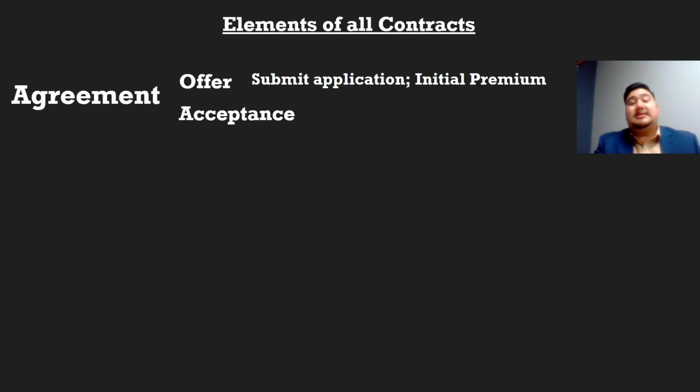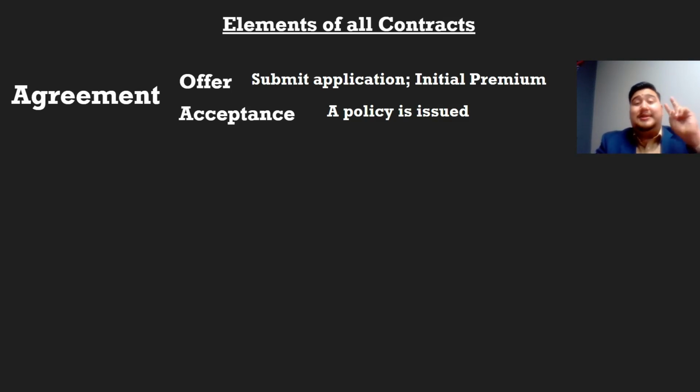If the company decides to accept you, guess what? They're going to issue a policy. So remember, that agreement is made up of those two parts. That offer that you make yourself because you want to become a client, and that acceptance means the company accepts you and they're going to issue that policy. So that's the first element. There needs to be an agreement.